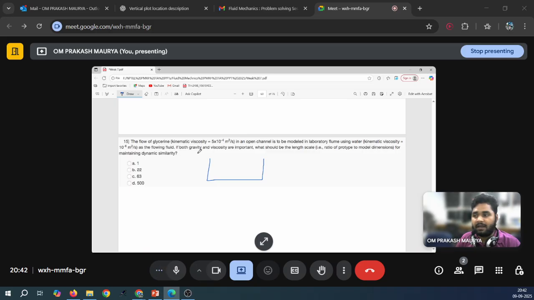In this question you have to find the length scale LR, and the rest of the information is given. The gravity and viscosity are important for maintaining the dynamic similarity. Very important question.